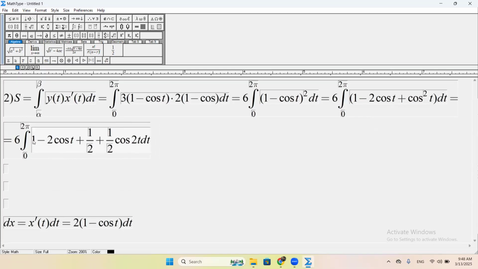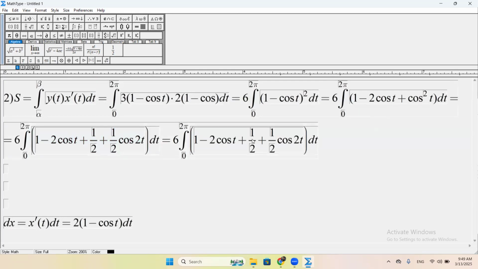And let me use other brackets just for a more beautiful form. Okay, now let's also add 1 and 1 over 2. So it will be 3 over 2.